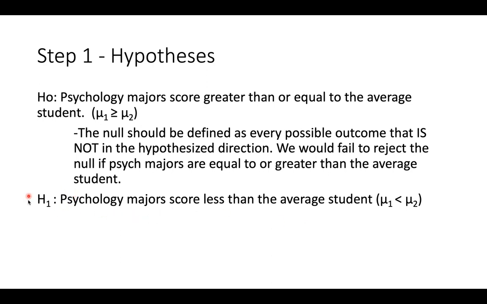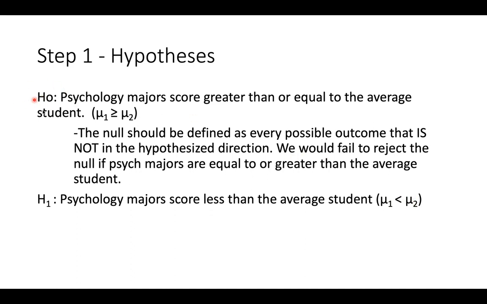The research hypothesis, H1, is the thing we expect to happen. What do we think is going to happen? Well, we think that psychology majors will score less than the average college student. They will be lower on depression. So the mean of our psychology majors will be less than the mean of the population.